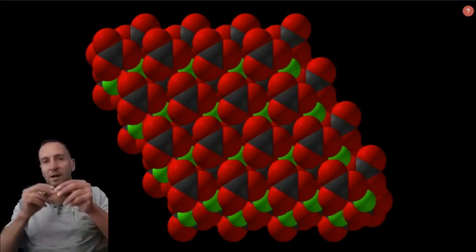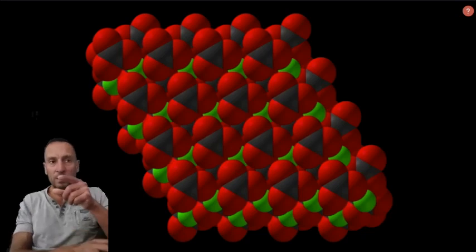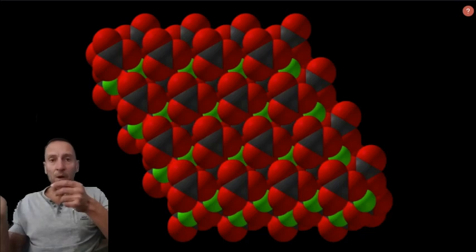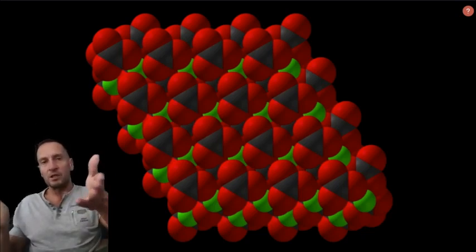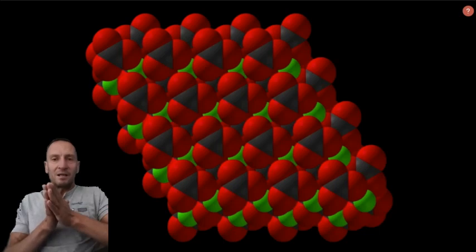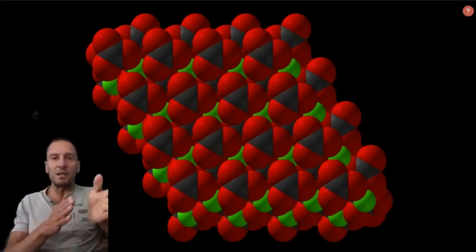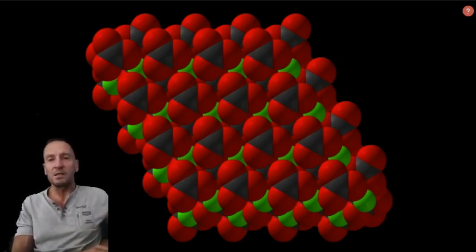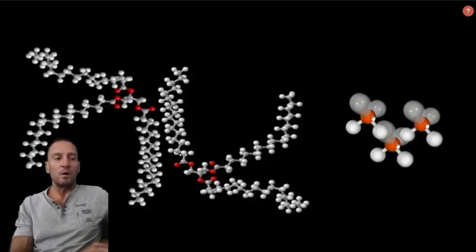So the ion-dipole force, the force between this ionic structure and the water, is weaker than the force that keeps the lattice together and the force that keeps water together. Basically the strongest force is the lattice energy. It's much stronger.